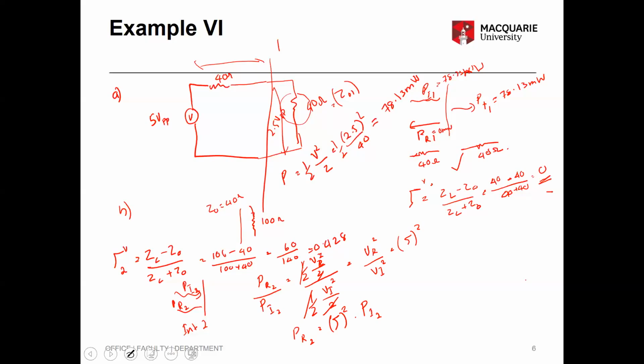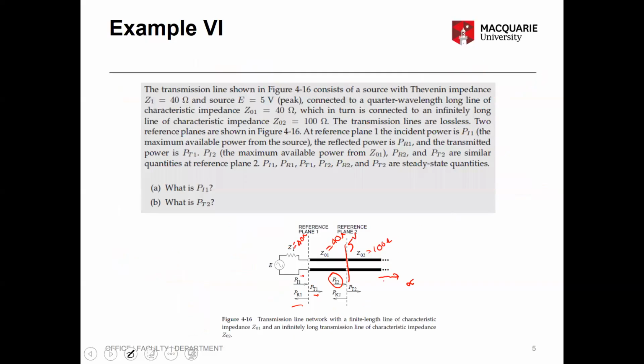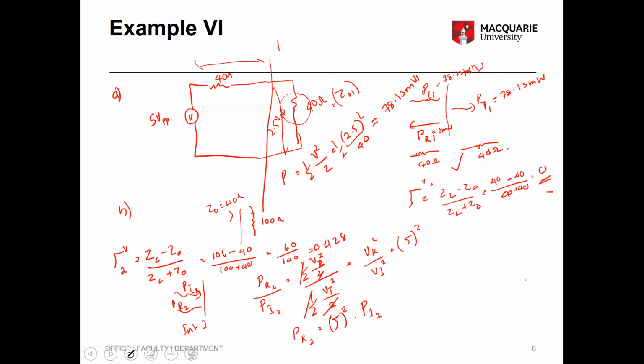Because the transmitted power PT1 from the first interface is the incident power on the second, PT1 equals PI2. So we can say tau, which is 0.428, squared, times PT1 instead of PI2.